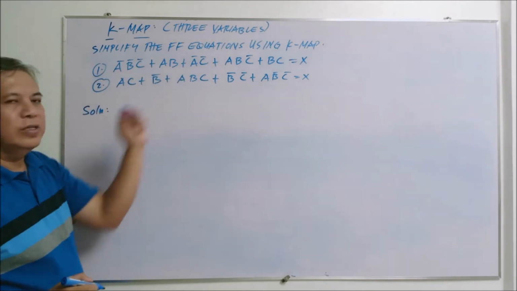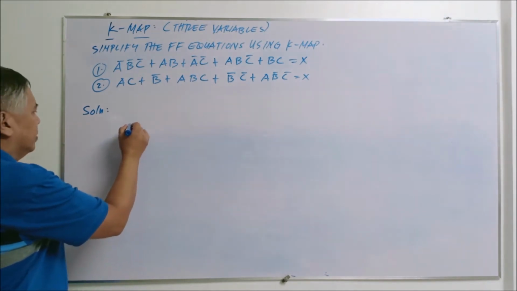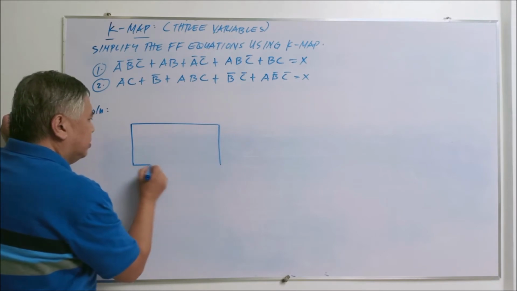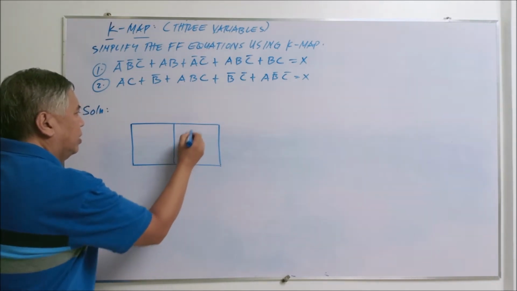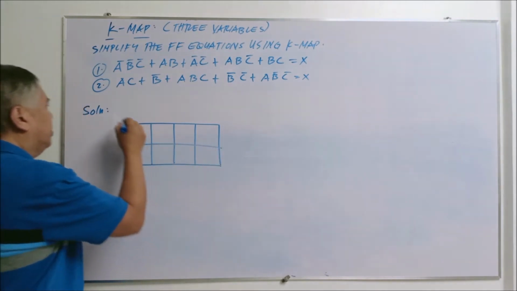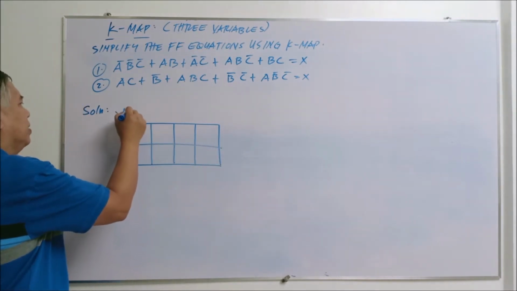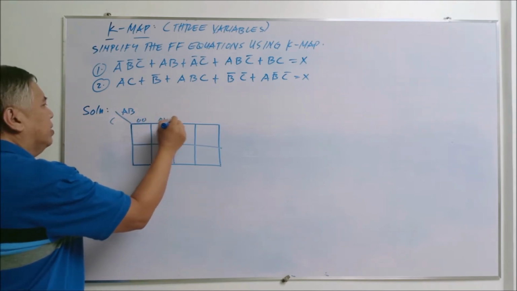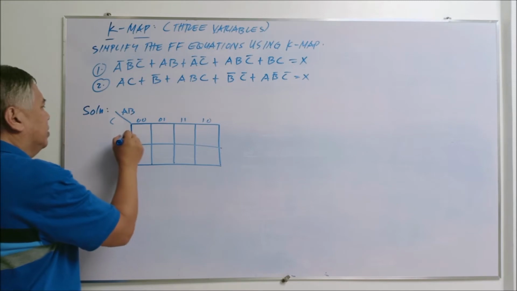Again, this is a three-variable map. So we make a map representation. Okay, 8 cells again. So we have inputs A, B, and C. And this is 0, 0, 0, 1, 1, 1, 1, 0, 0, 1.